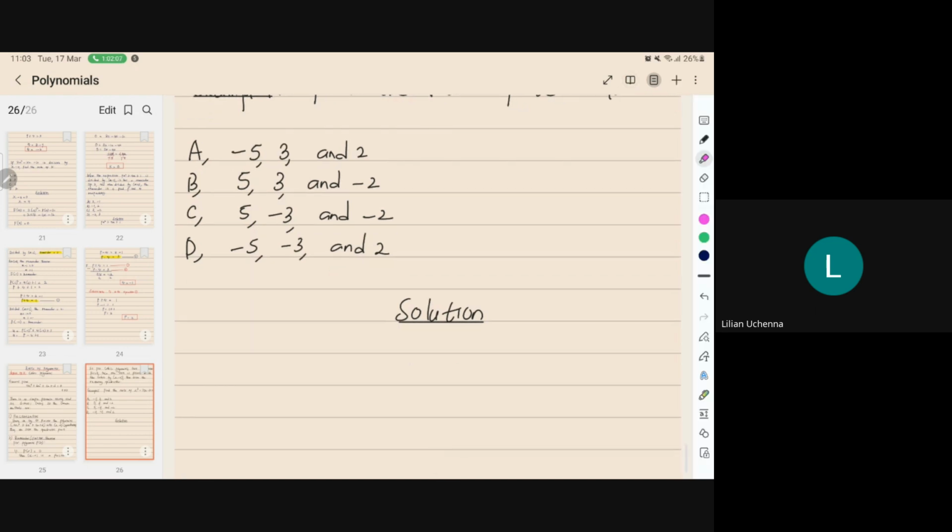Now, if negative 5 is a factor, are we there? Give me a thumbs up if you are still with me. All right, beautiful, guys. So for that very function, we're going to test.